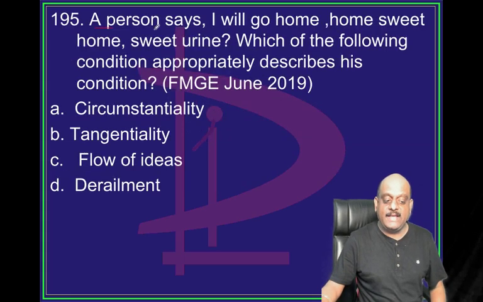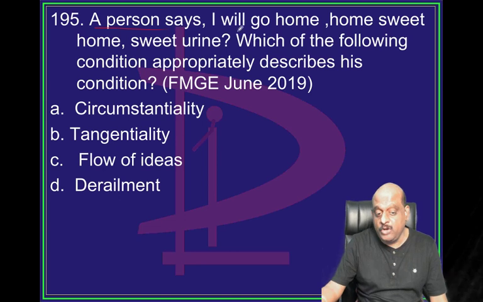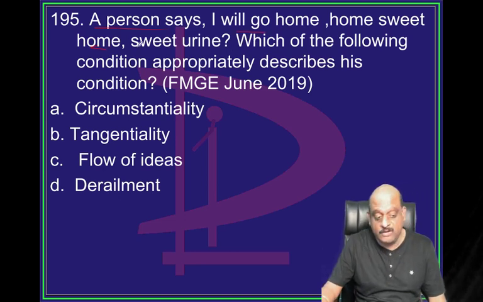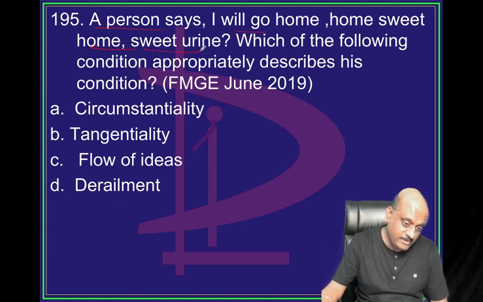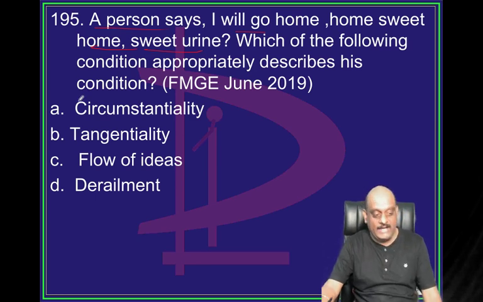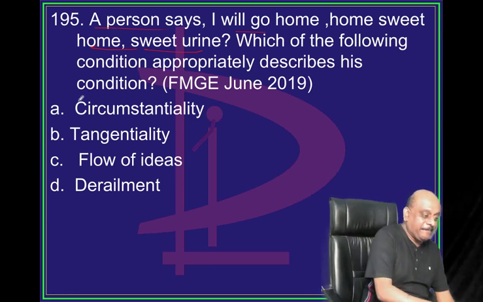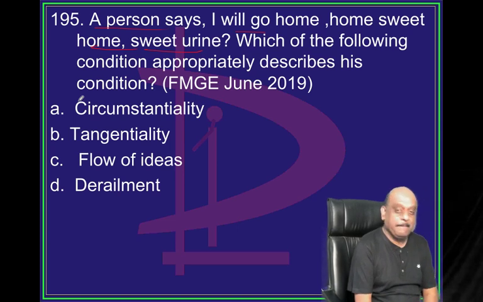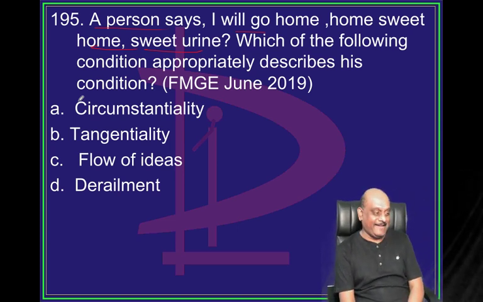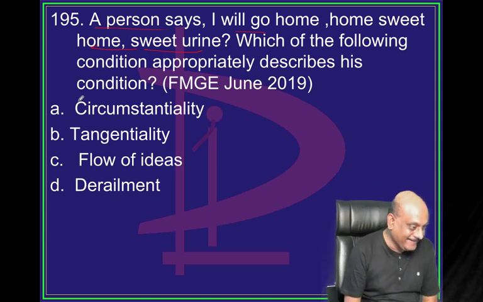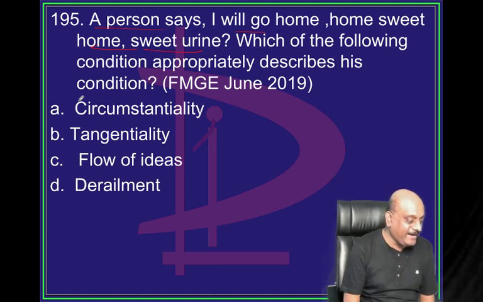Now, a person says, I will go home sweet home, sweet urine. What is this called as? We will see how many of you become a doctor of the mind, not of the body. Shoot your answer. 195.